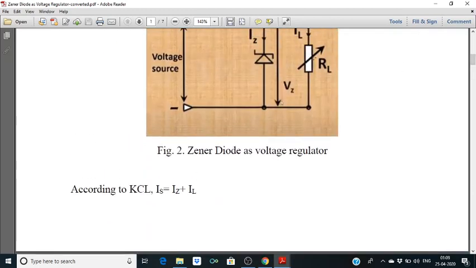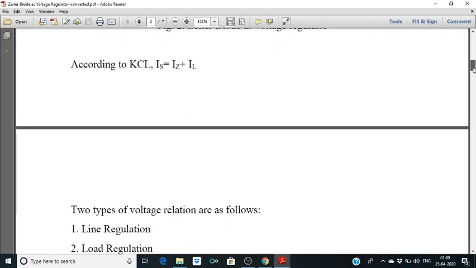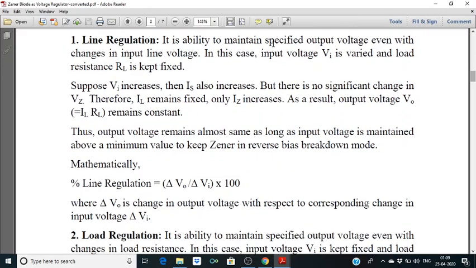We are changing Vi, keeping RL and other things constant, but even so we should get a constant V out across RL. So in this case, input voltage Vi is varied and load resistance RL is kept fixed.